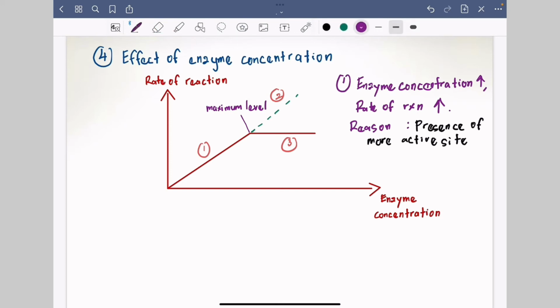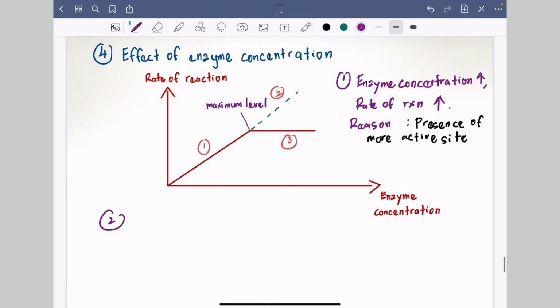Okay, for the second point, we need to consider the amount of substrate converted to products per unit of time.